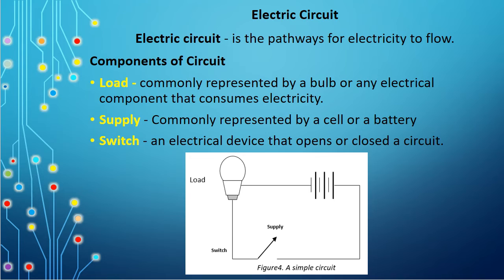Next we have the supply. This is commonly represented by a cell or a battery. So for supply, they can be represented as a cell or a battery. And a switch is an electrical device that opens or closes a circuit.